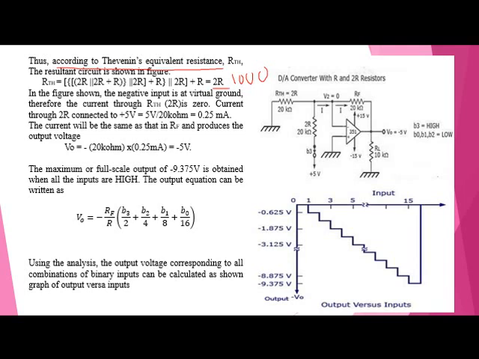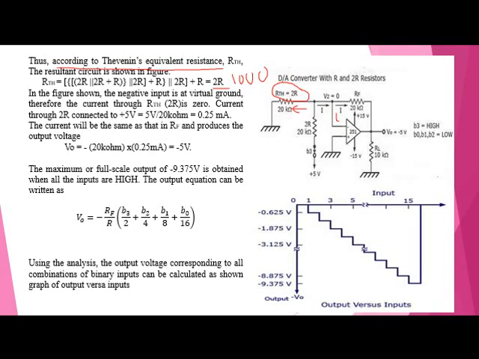Then it can be shown in the figure as an equivalent circuit with RTS equal to 2R. In this figure, the negative input is virtual ground, because the non-inverting terminal is equal to 0, and therefore the current through RTS is also 0.